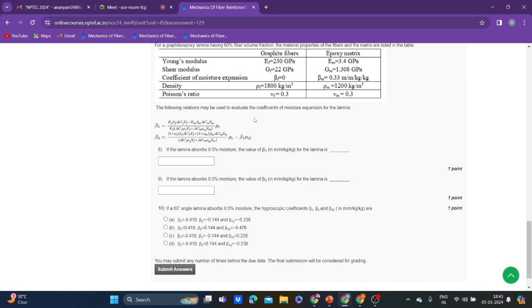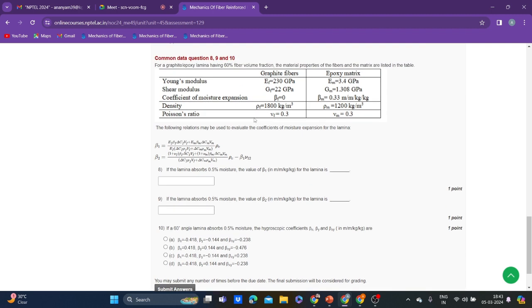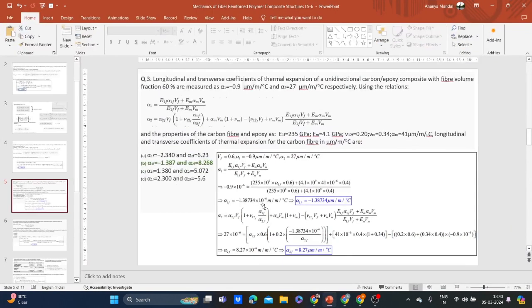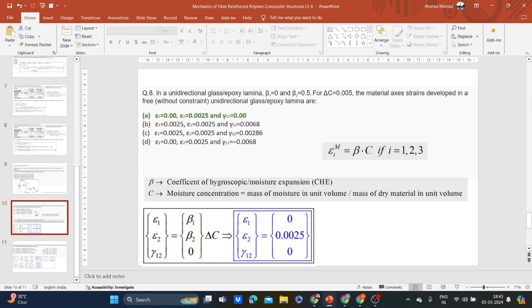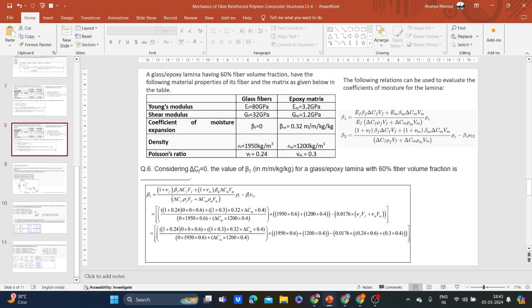But in the question you have given, it is zero, ma'am. But in the assignment question they have not mentioned the word zero.